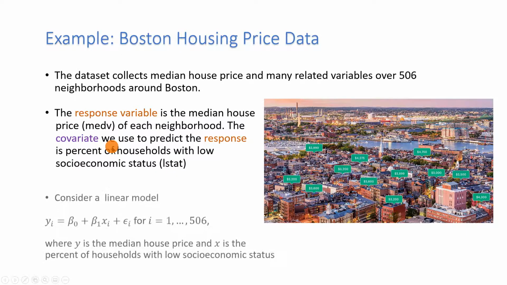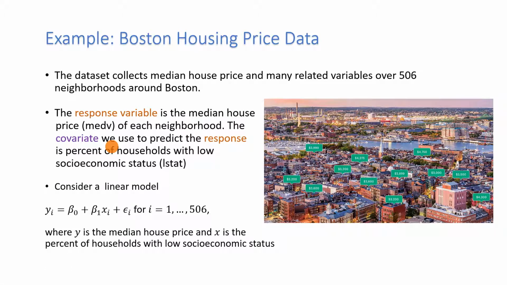In particular, we are considering the following mathematical form of the simple linear model, right? For each individual neighborhood, we have two values: yi, which is the median house price of this neighborhood, and xi, the percent of households with low socioeconomic status in this neighborhood.